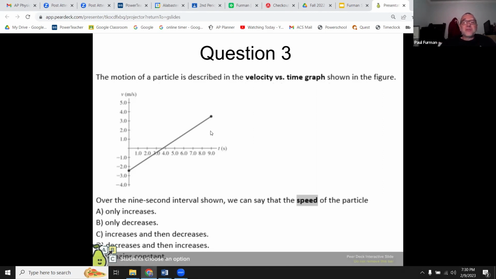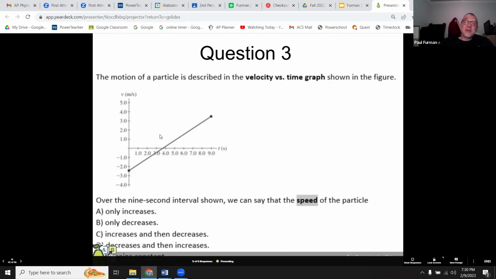But for the first 3.5 seconds, the object is slowing down, the speed is decreasing, and then after that, it's increasing. I think you can convince yourself that if you had a positive velocity graph above the axis that was approaching zero from above, that would be a negative slope: positive velocity, negative slope.